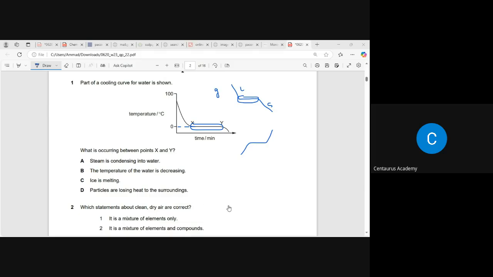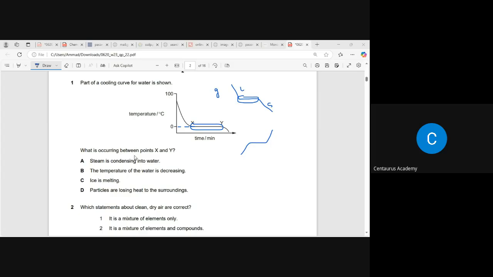No, ice is also not melting. This is again incorrect. Lastly, you have particles which are losing heat to the surroundings. Yes, particles do need to lose heat to the surroundings. When they lose heat, they are going to strengthen their intermolecular energy.